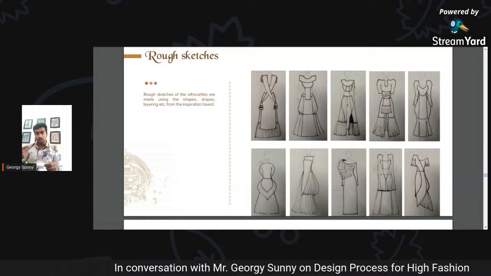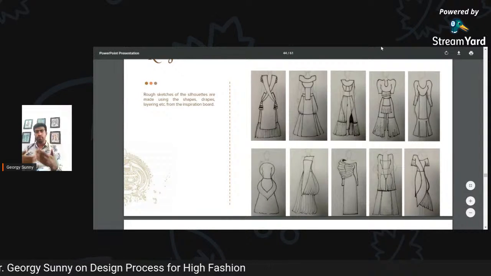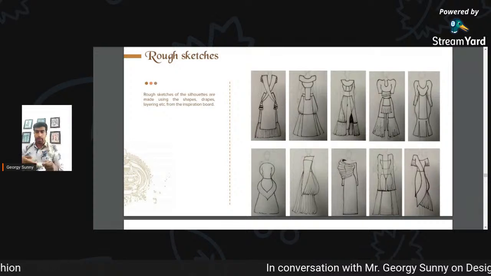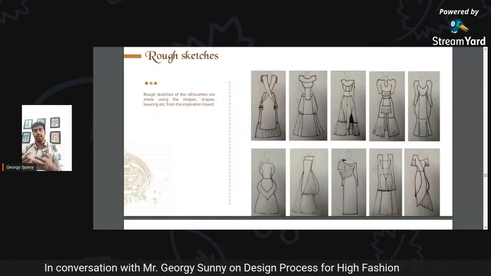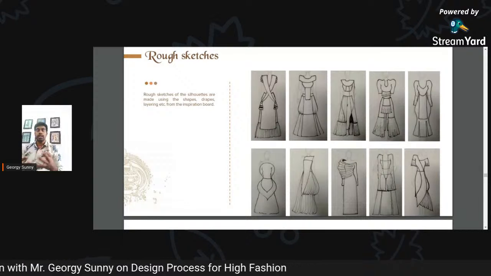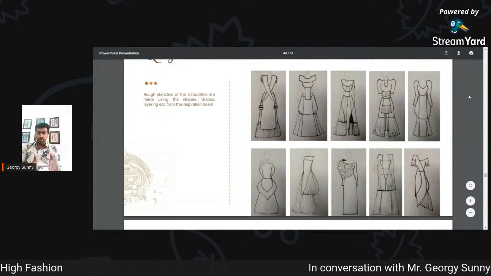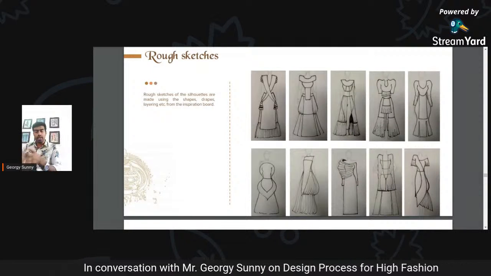That will really help the student bring all the ideas connected with the concept in his mind to the paper. Doing it very quickly, that spontaneousness will help him create a fresh and amazing idea by his own. So from the 1 minute sketch, he can actually refine and come up with an amazing garment. Next slide, please.